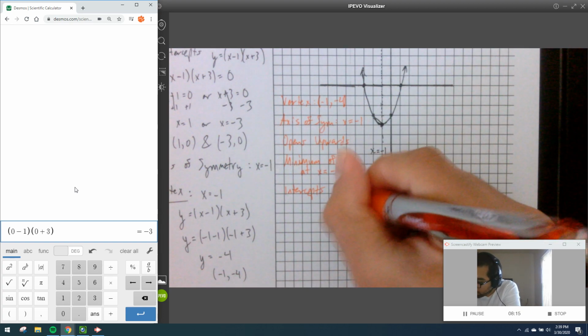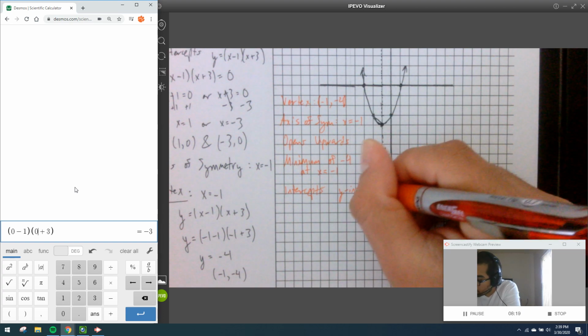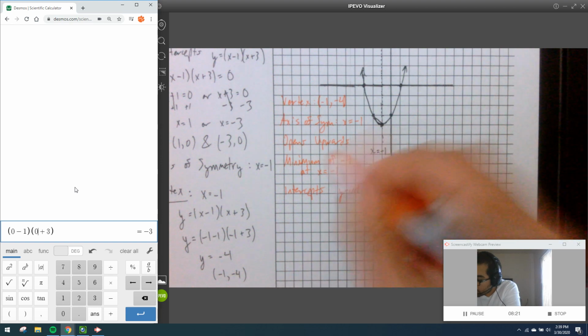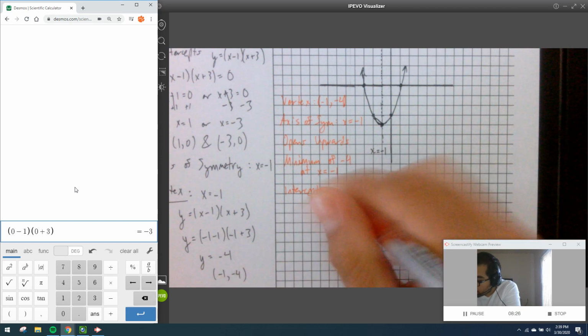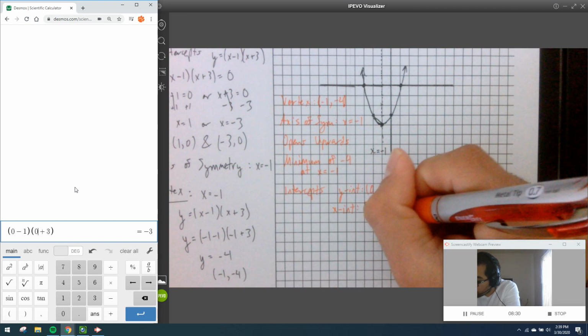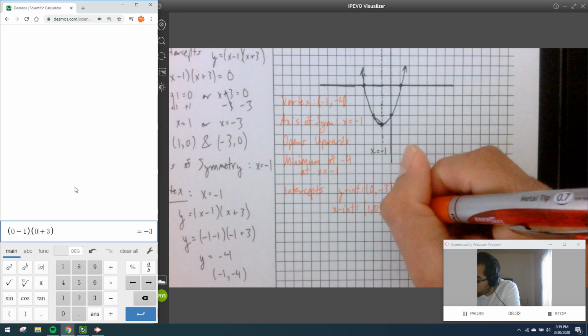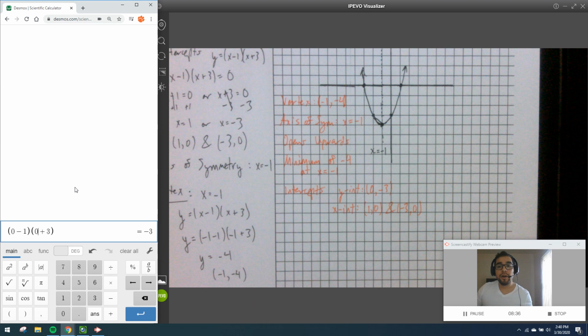Okay, I have a y-intercept. I'm going to abbreviate that one at 0, -3, and x-intercepts at 1, 0 and -3, 0. All right, so that's the first one that we took a look at.